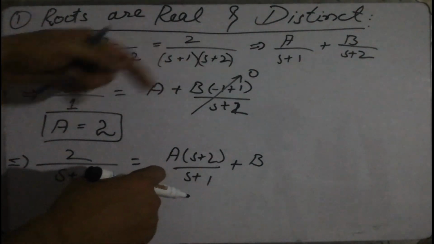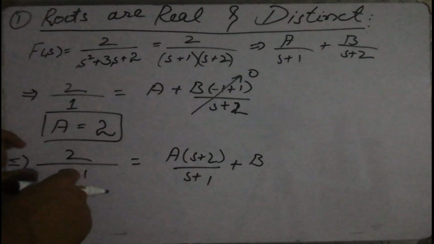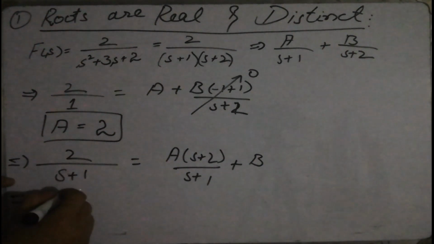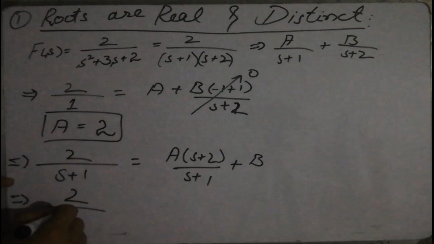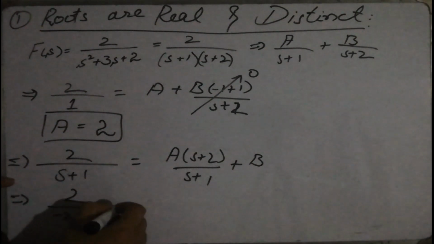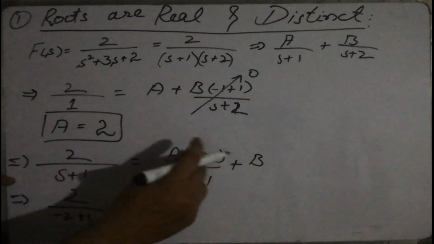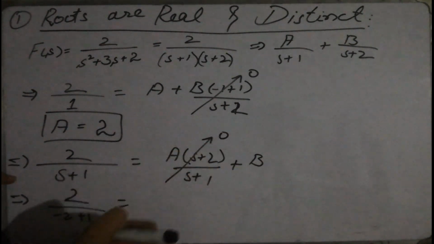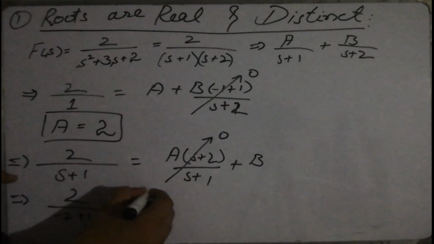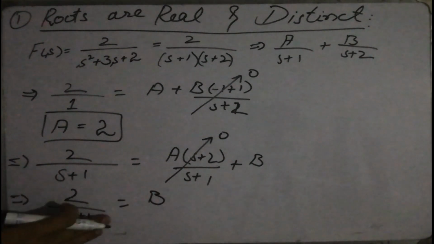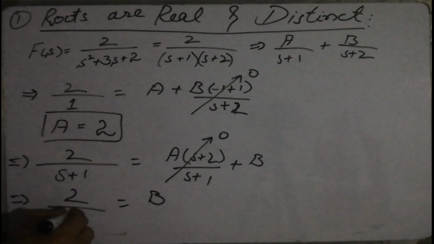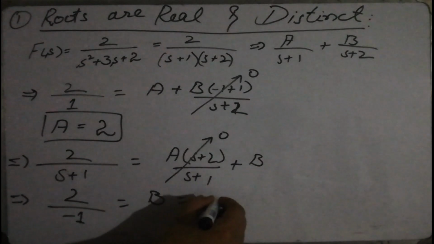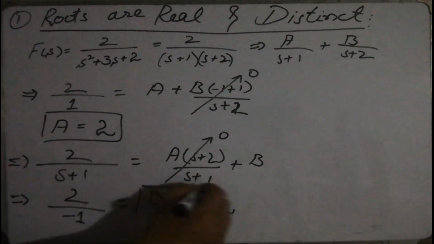When we equate this denominator to 0, our second root would be -2. We take s as -2 now. This makes this whole term equal to 0, and we are left with only B. Our final value of B will be equal to negative 2.